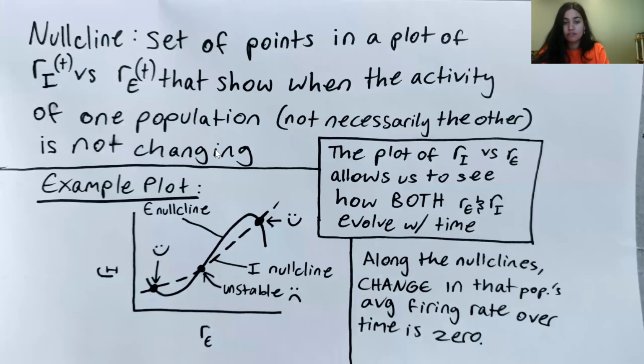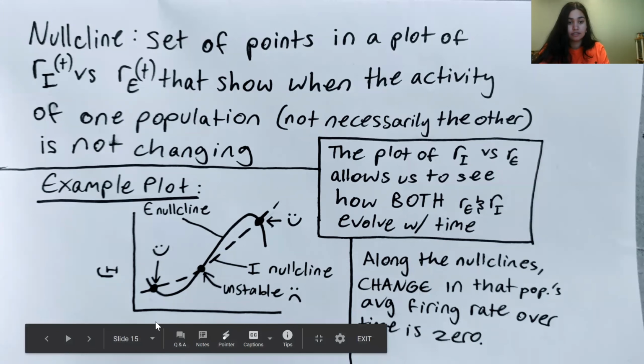So now, if you plot the average firing rate of the inhibitory population over time versus the average firing rate of the excitatory population over time, if you plot R sub I over R sub E, you actually get this thing called a phase plane, where you can see how both of these populations will evolve over time.